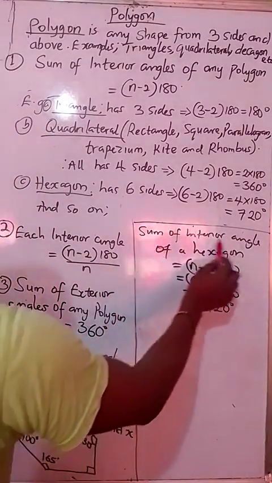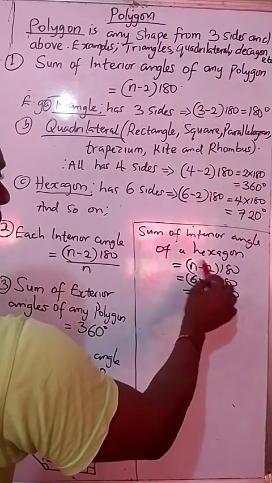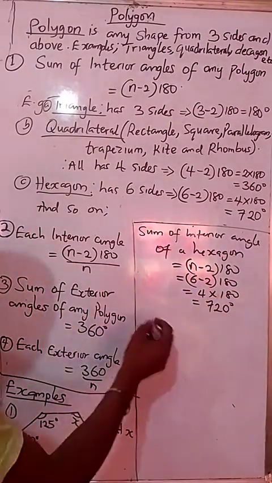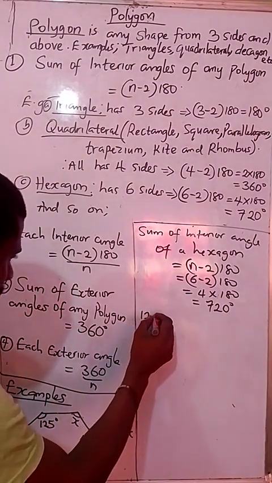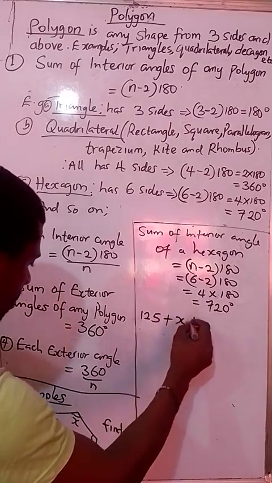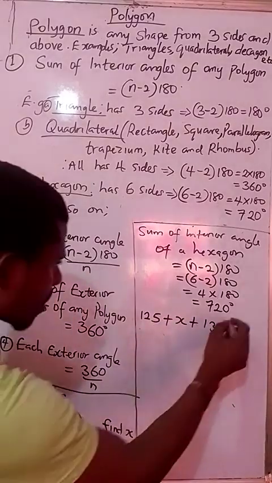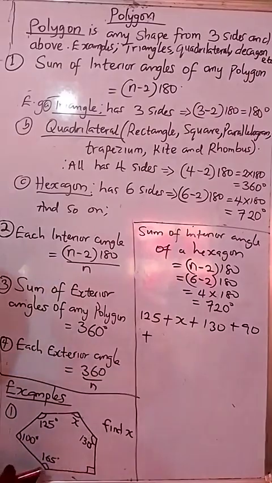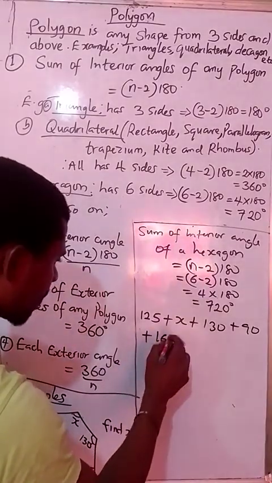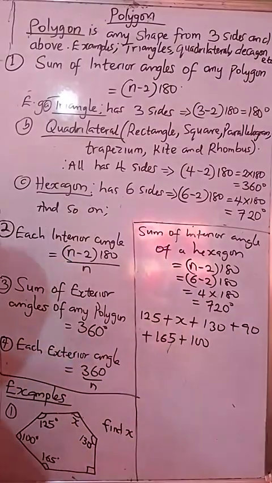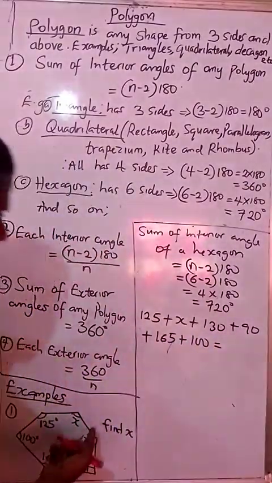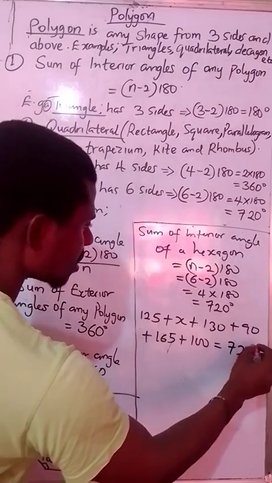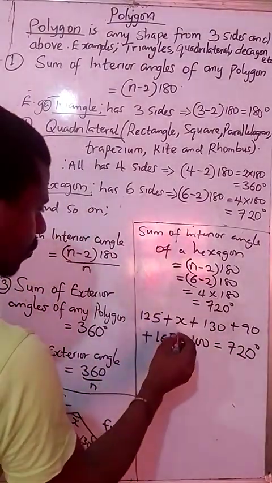So how do we find our x? The sum of angles in the hexagon, the sum meaning the addition. We're going to add 125 plus x plus 130 degrees plus 90 degrees plus 165 degrees plus 100 degrees equals (n minus 2) times 180, which is 720 degrees.